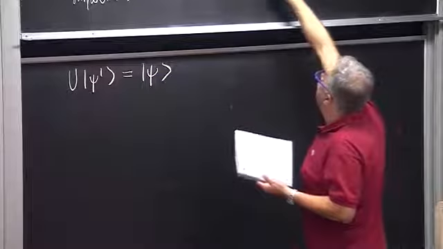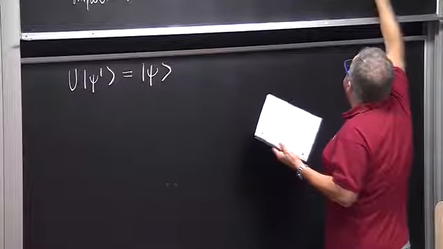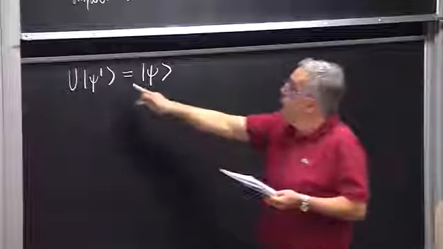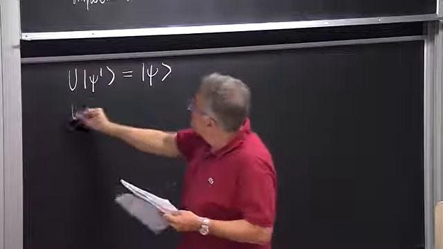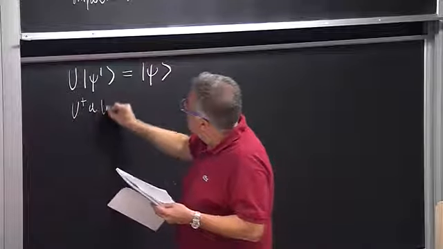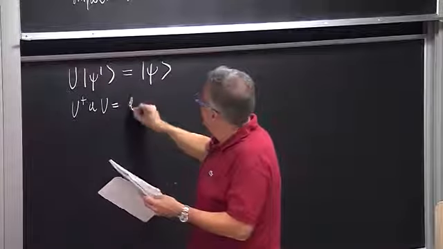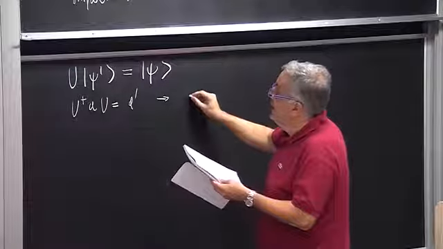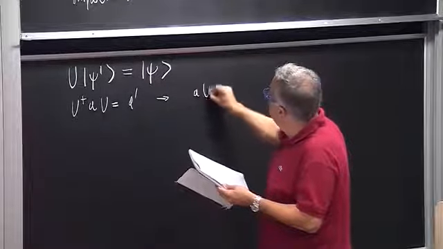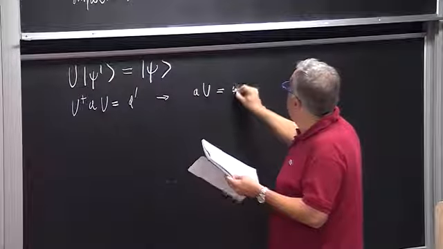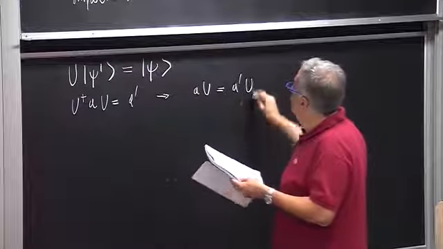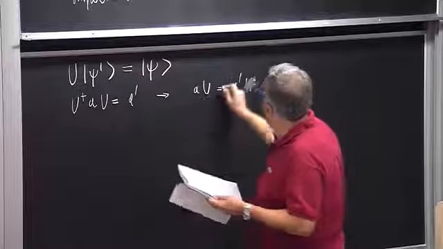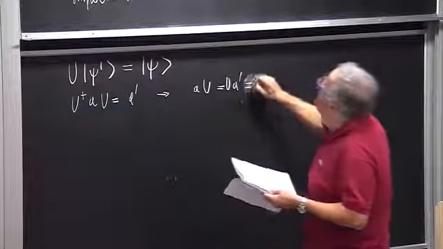So you go from F prime to F in such a way that U dagger A U equals A prime, or else we can write A U equals U A prime, and we know what it is.